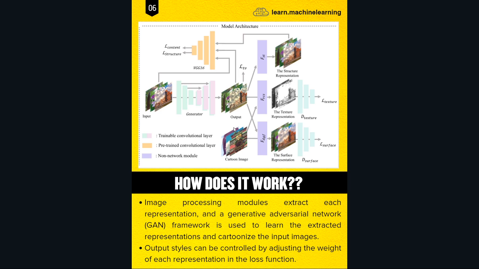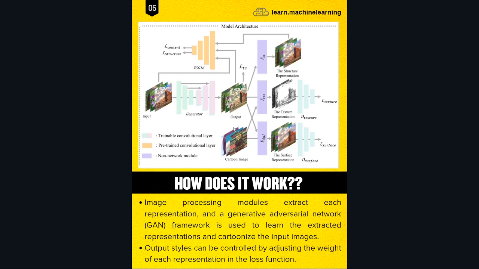A GAN consists of two networks, a generator and a discriminator. They work simultaneously to learn and train a model, and play an adversarial game, where the generator always tries to fool the discriminator by generating data similar to that in the training set, and the discriminator tries not to be fooled by identifying fake data from real data.